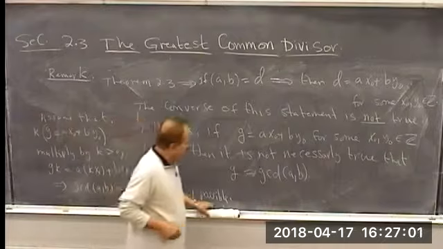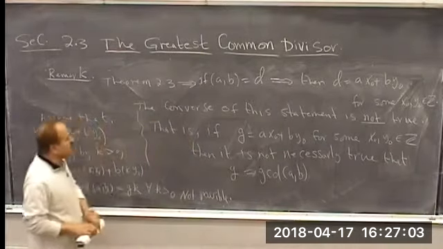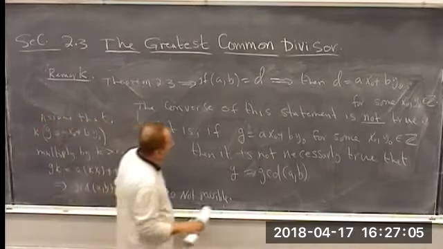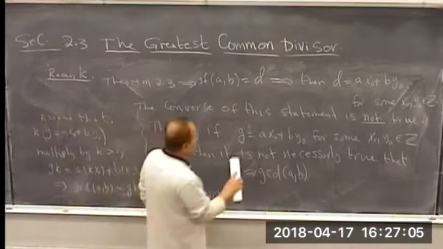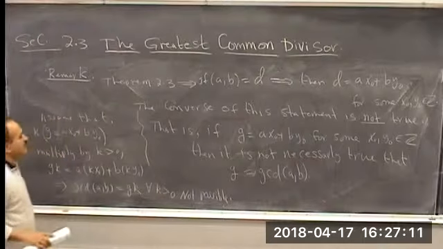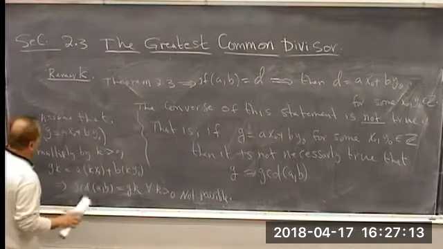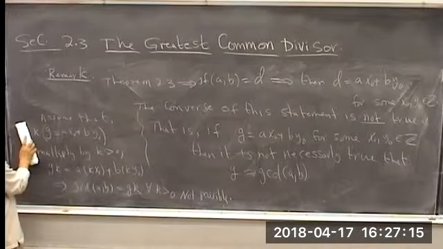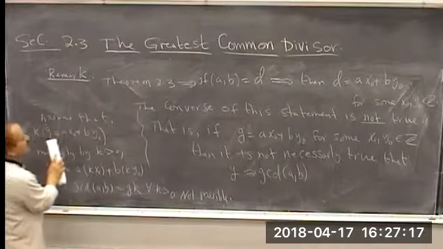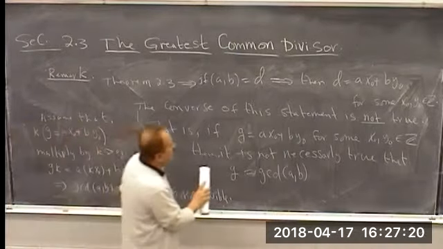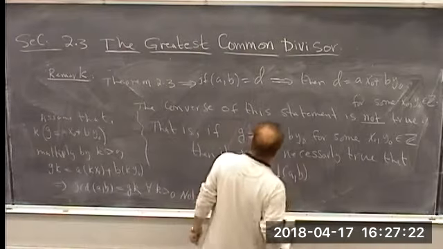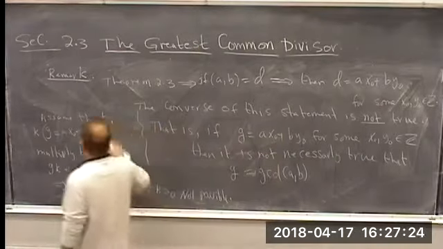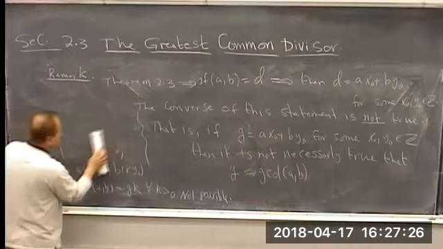So in general, this is not true. However, if the greatest common divisor is equal to 1, then the converse is true: if a linear combination of A and B is equal to 1, then 1 is the greatest common divisor. I want to state this as a theorem.